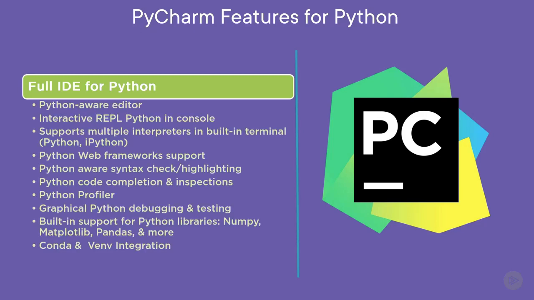I'm not going to read this list here, but I'm going to highlight some critical ones. So, of course, it's Python aware, right? It has an interactive REPL right in the IDE console. So what that means is you can go ahead and open up a terminal, and as you're typing Python code, you can run it, and it will be very, very interactive, right?